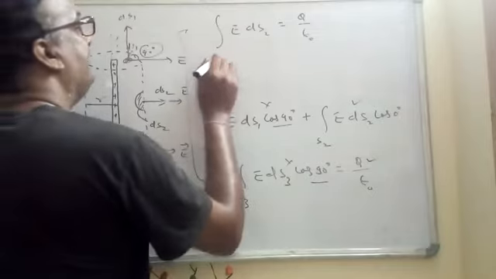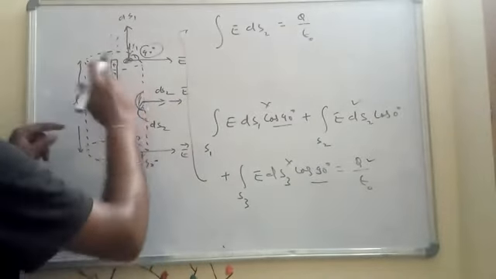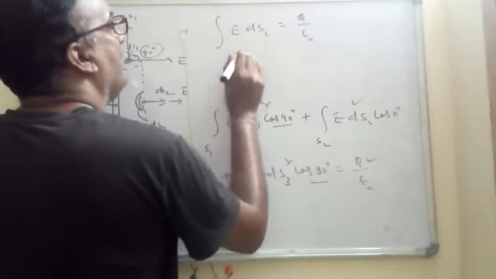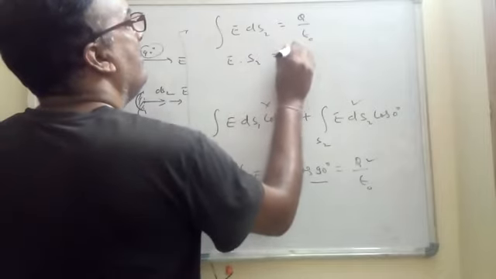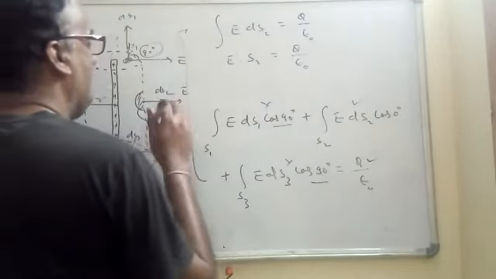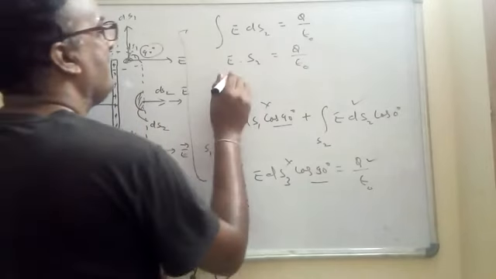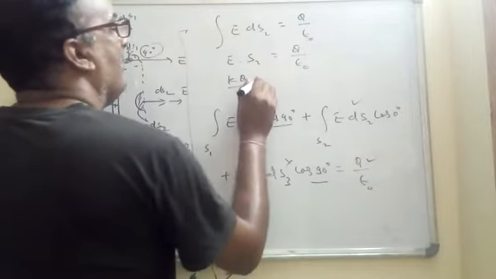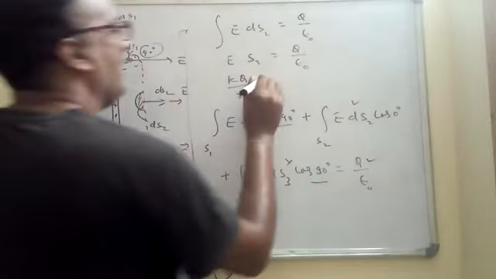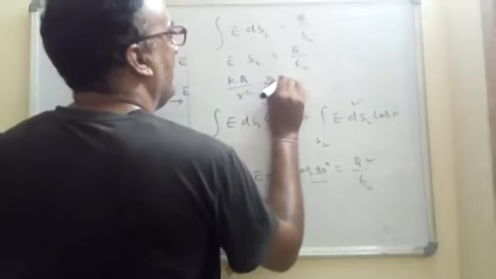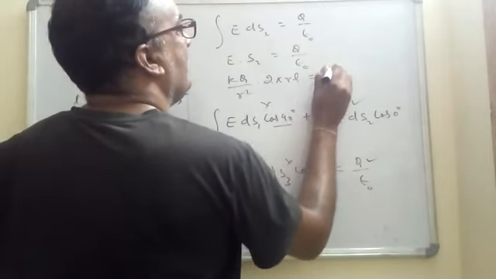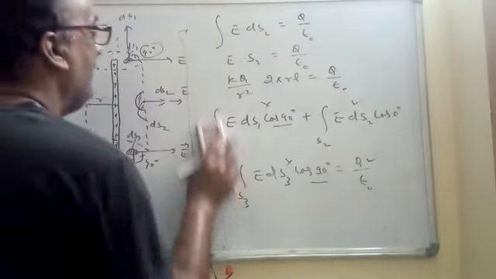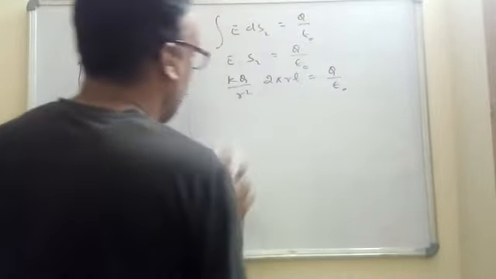Now E, the electric field at this point due to this later surface, times S2 equals Q upon epsilon naught. The electric field at this point due to this later surface is KQ upon R square, and S2, the later surface area of this, is 2 pi R L. So it is 1 upon 4 pi epsilon naught, Q upon R square, times 2 pi R L, equals Q upon epsilon naught. Now further we have to solve it.